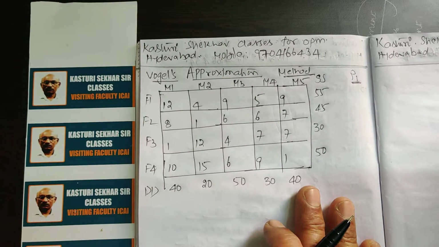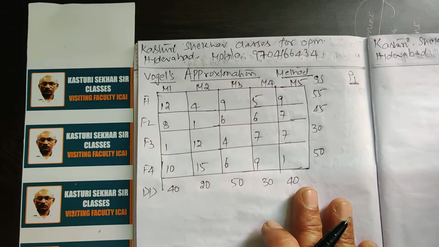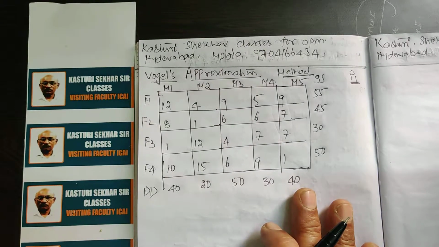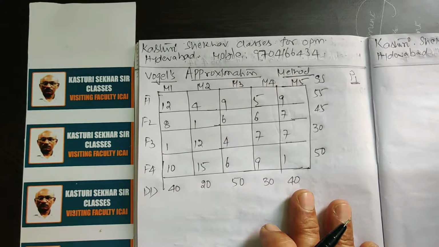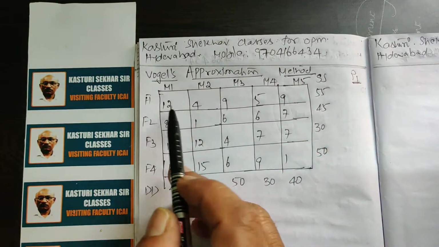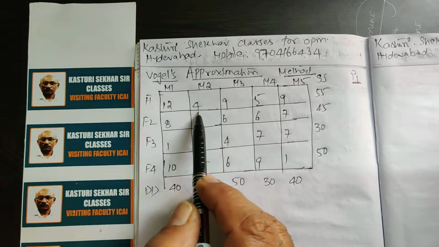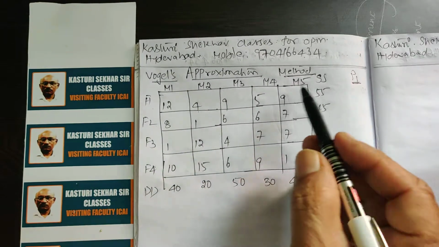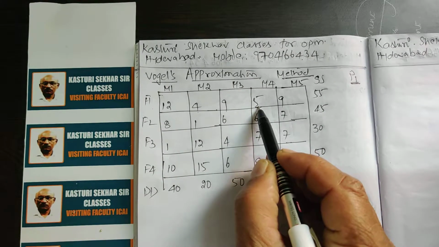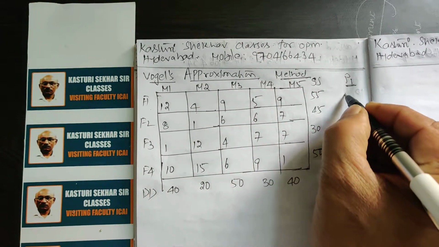Now let's calculate penalties first row wise. Consider row number 1 and find the difference between lowest and second lowest cost. In first row, lowest cost is 4 rupees, second lowest cost is 5 rupees, difference of this is 1 rupee.